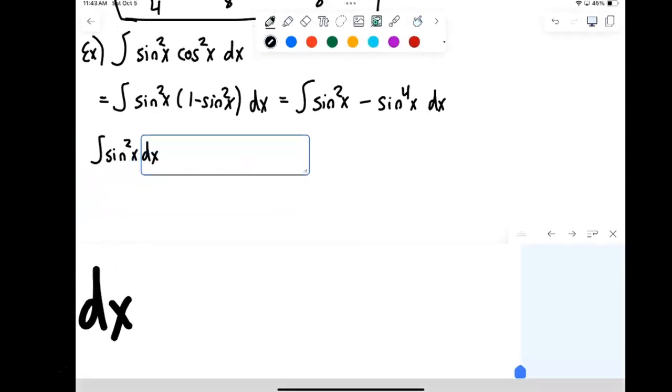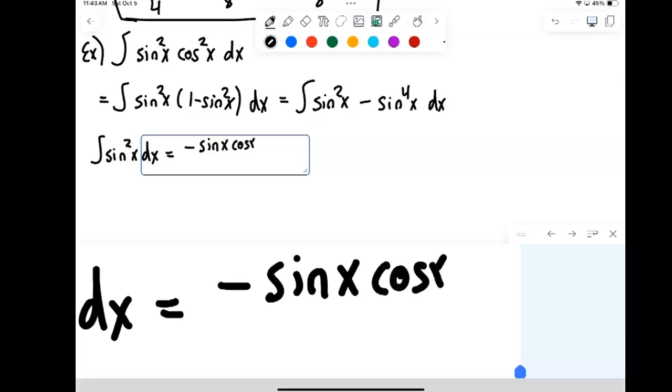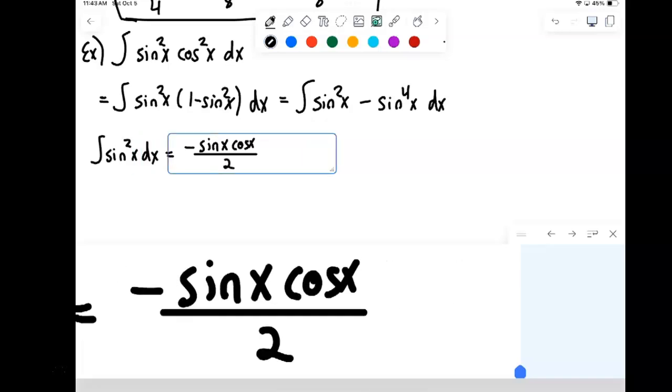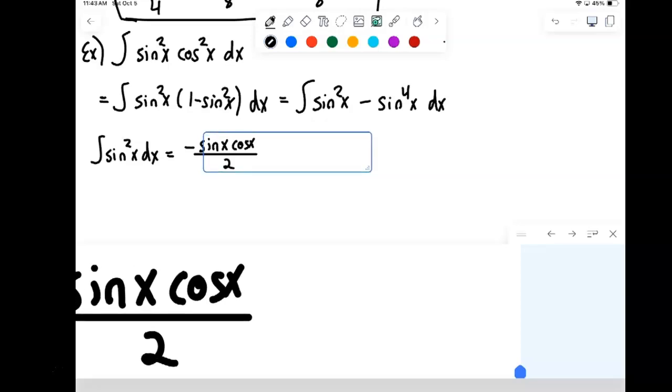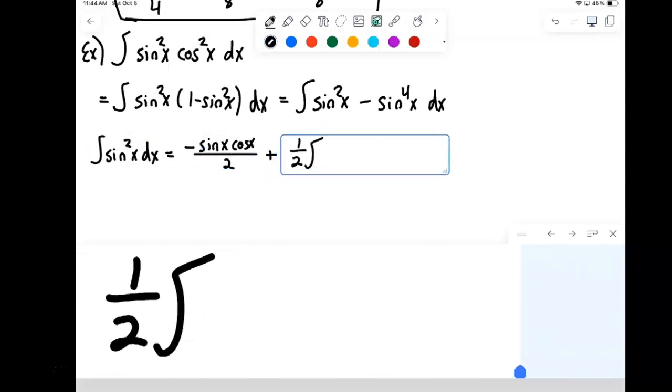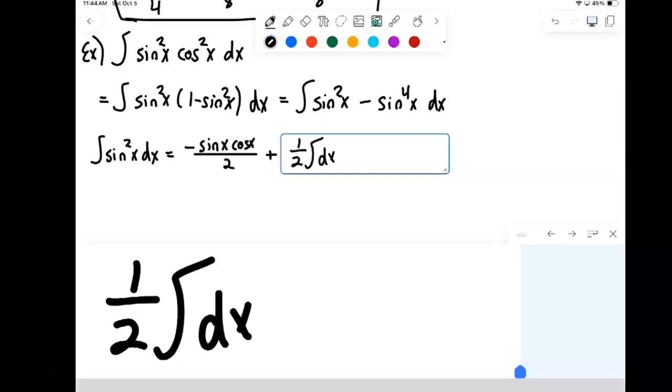So this will be the negative sine to the n minus 1, which in this case would be sine, cosine, all divided by n, which is 2 in this case, and then plus n minus 1 over n, 1 over 2, integral of sine to the n minus 2, which would just be dx.